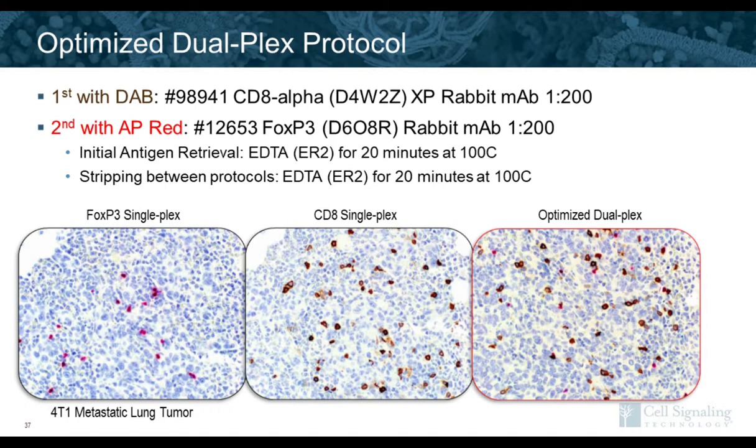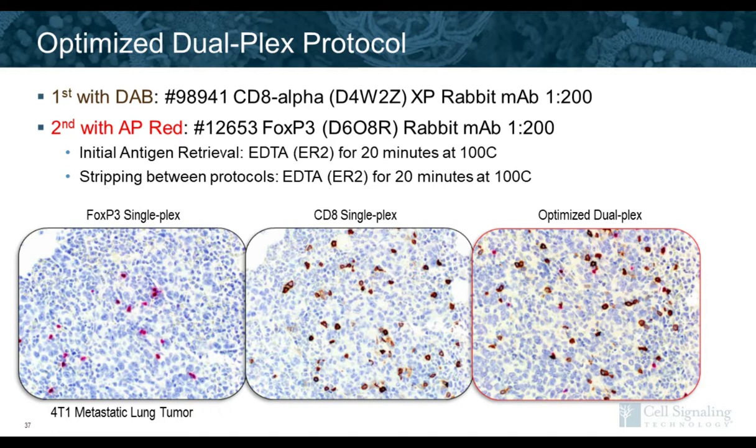And so here I'm just showing you that optimized assay. So we use the DAB first with our CD8 clone, followed by the alkaline phosphatase red protocol with our FOXP3 clone. The initial antigen retrieval step was EDTA for 20 minutes at 100 degrees C. And the stripping step between protocols was, again, EDTA for 20 minutes at 100 degrees C as well.